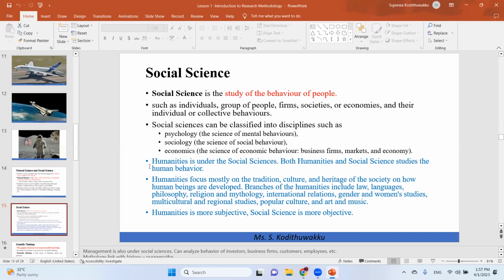Then it's linked with sociology. Then economics, again, sometimes we select business firms, listed companies. Sometimes you have to identify financial institutions, right? So remember, our area is under social science, and management is connected to these three pillars, more or less, right?